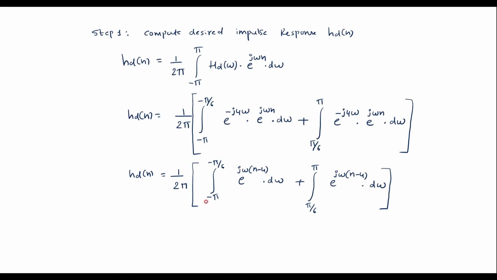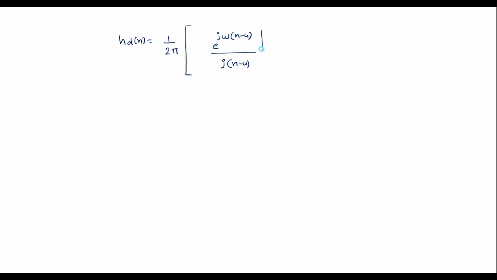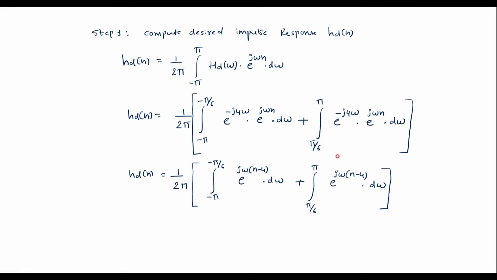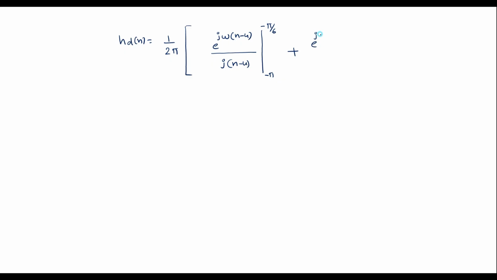Let me apply the limit, that is minus pi to minus pi by 6, plus similarly the integration of this is the same, that is e power j omega times n minus 4 divided by j times n minus 4. Here the integration limit is pi by 6 to pi. Now let me simplify further, that is HD of n is 1 over 2 pi.